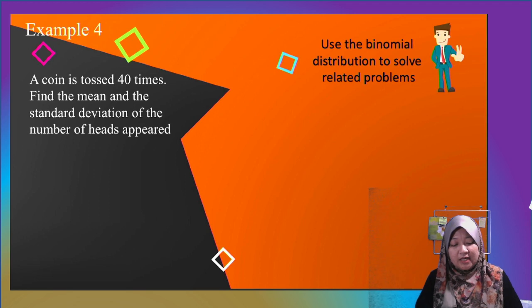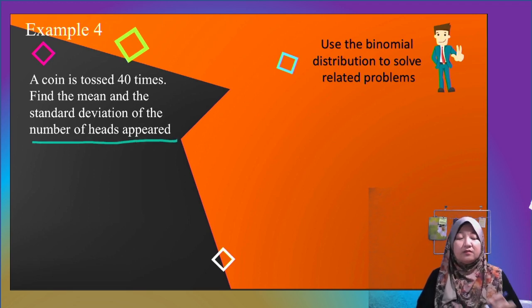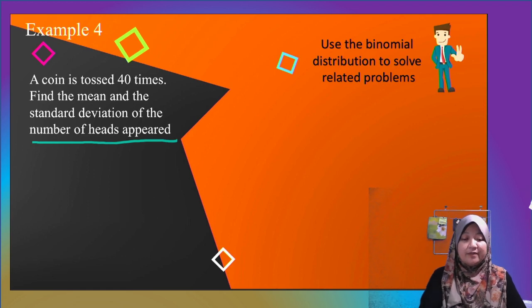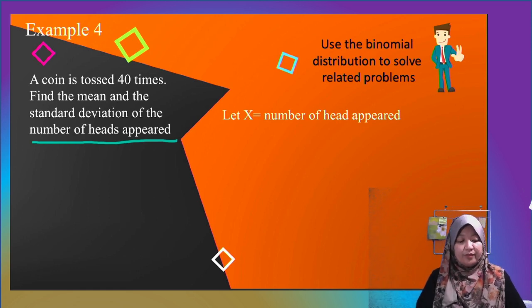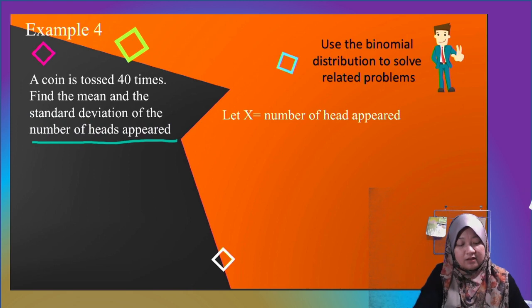They mention the number of heads appeared. So this is your successful event. So let X the number of heads appeared. And identify N is 40.